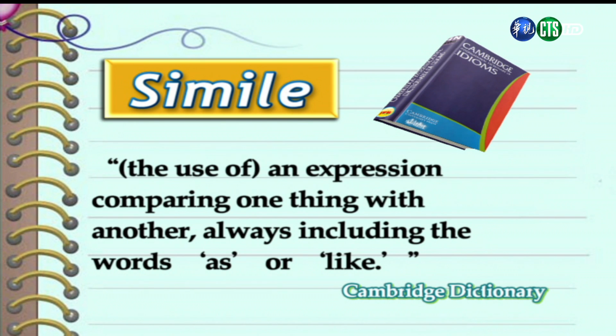And so, in other words, with this figure of speech, we're looking for the similarities between two things, and we're using the words as or like, or maybe a verb such as resembles as a connective.